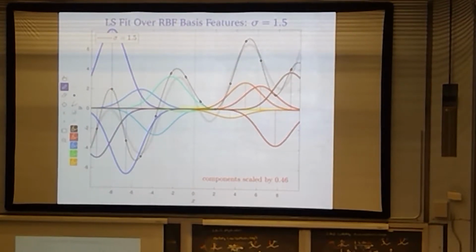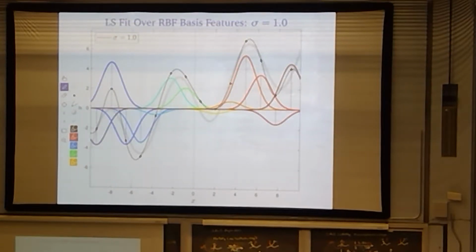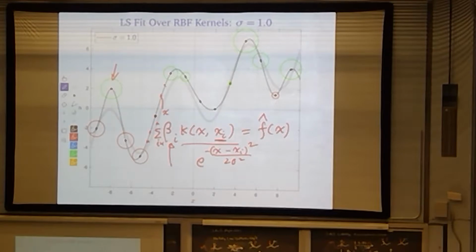And if you compare, this is over basis features, okay? I hope the transition is smooth enough. So if you just focus on the black dotted line, this is using least square regression over RBF as features. I augment the feature. This is least square fit over RBF as a kernel. The black dotted curve, the solution, are they identical?